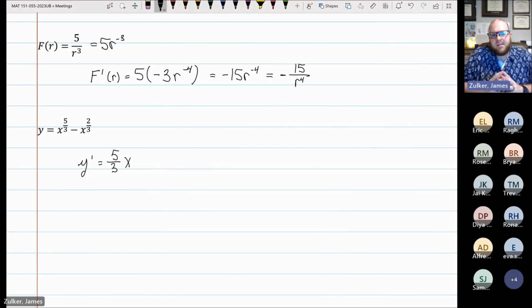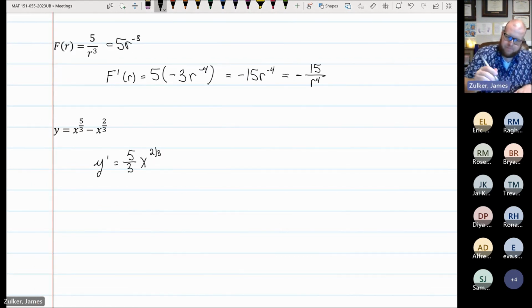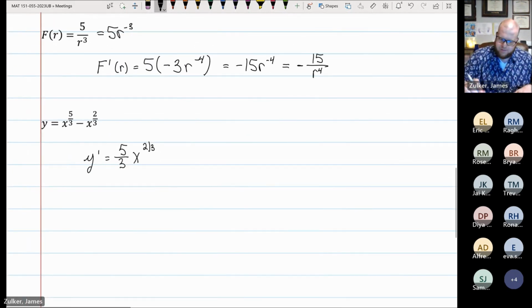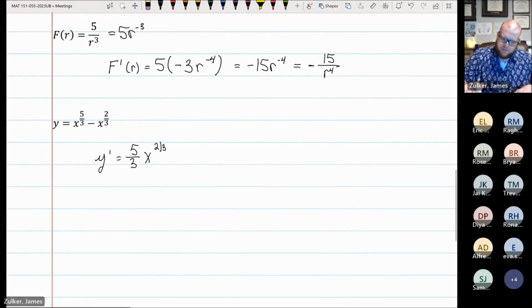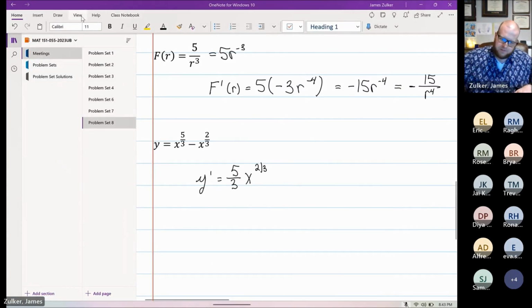New exponent is the old one minus 1. So we're looking at 5/3 minus 1, which is 2/3.